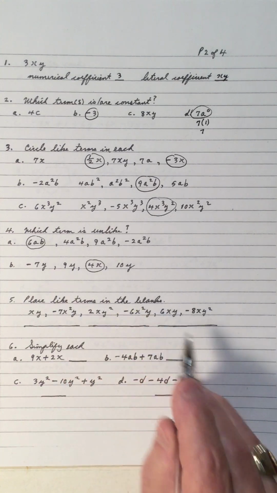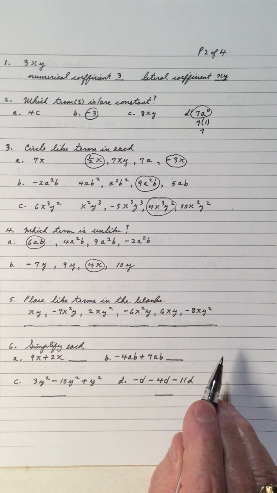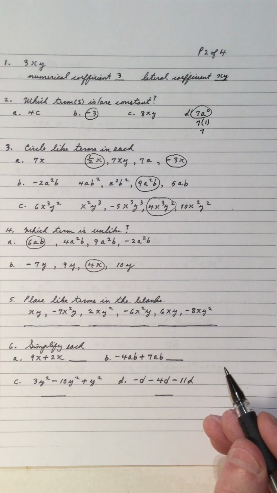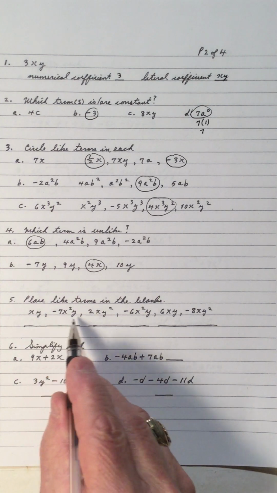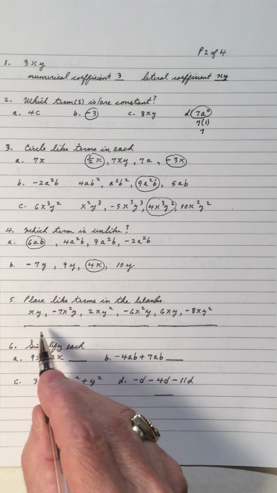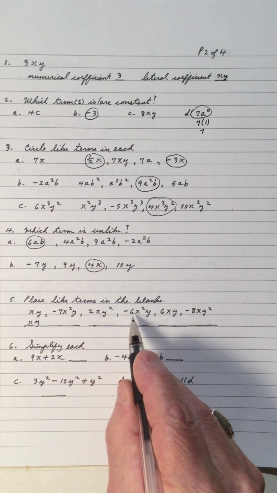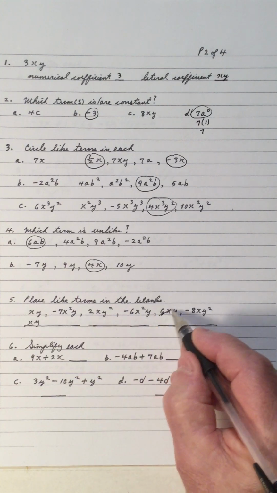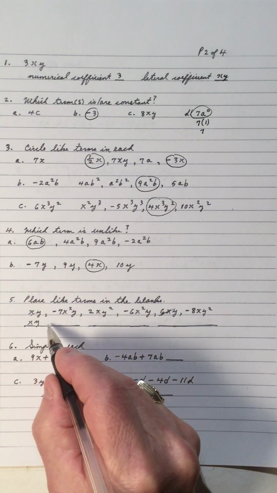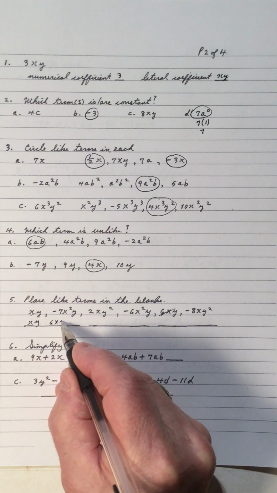Place like terms in the blank. It makes no difference which ones we have, because we got x and y variables. So we got an xy. Do we have another xy? Yes, it's right there, so just eliminate those. So we got 6xy.